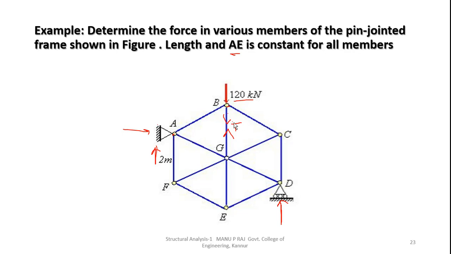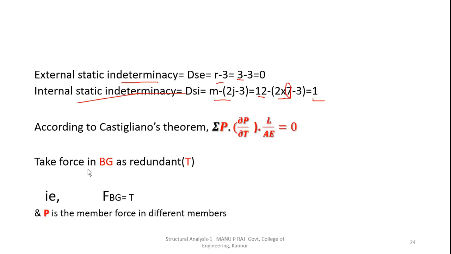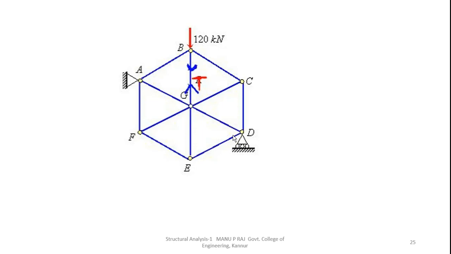You can select any member as redundant. Take the force in BG as redundant. Now our Castigliano's theorem is Σ P (∂P/∂T) L/A = 0, where P is the member force in different members. Let T be the redundant force.